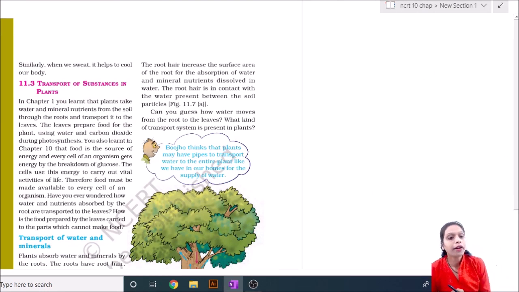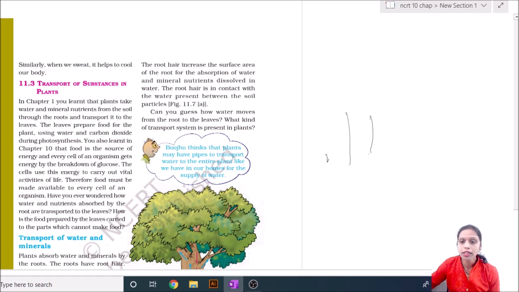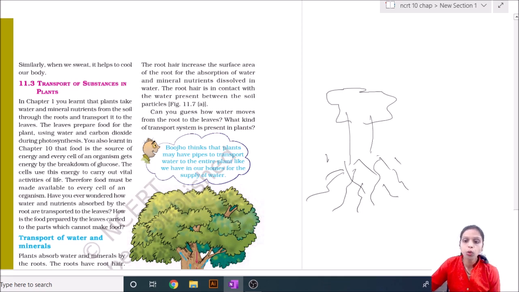Now our next point is transportation of substances in plants. How does the plant transport substances from one part to another? You already know what this is. This is a plant. Its root is converted into root hair.